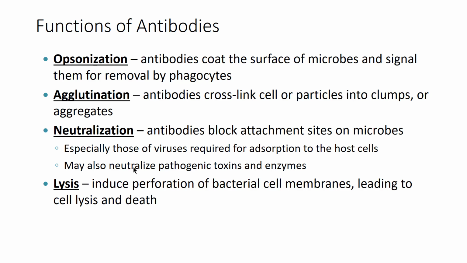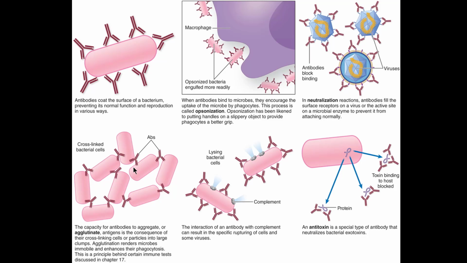Neutralization works largely with things like viruses, but also things like toxins. When you look at how a virus works, think back to chapter 7 on viruses. The virus has something like a spike, and that's the key of the virus that has to be used to infect your cells. Antibodies essentially cover up the spike, and it prevents the virus from being able to attach to the host cell.